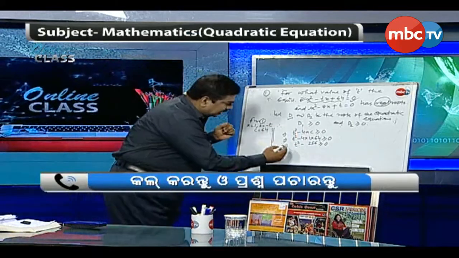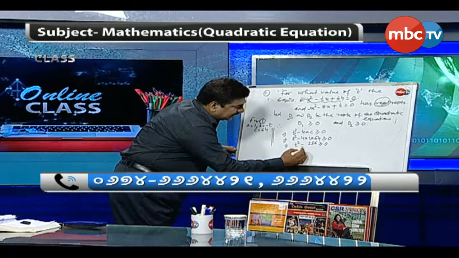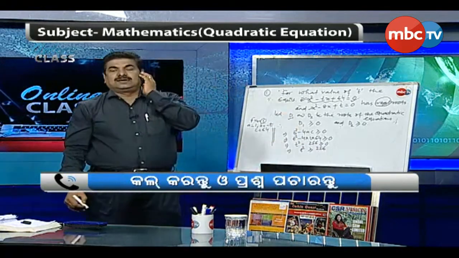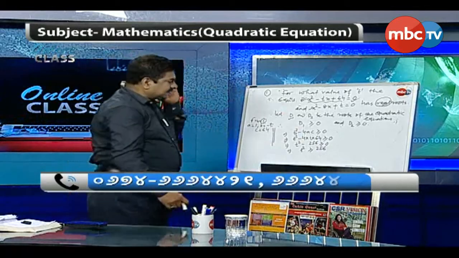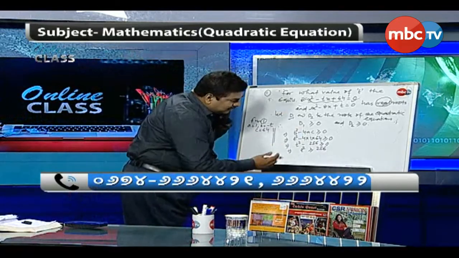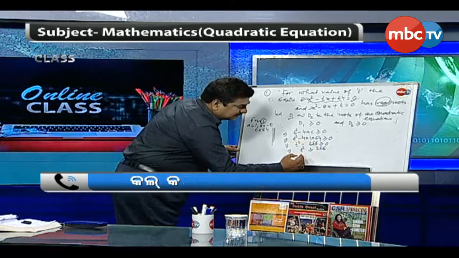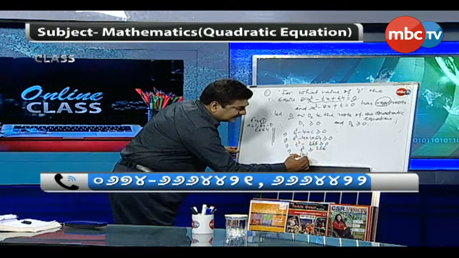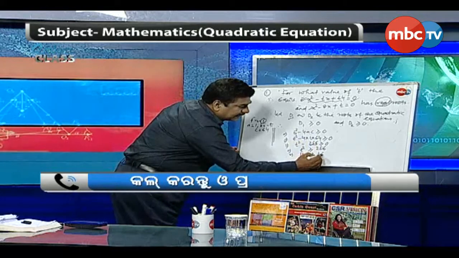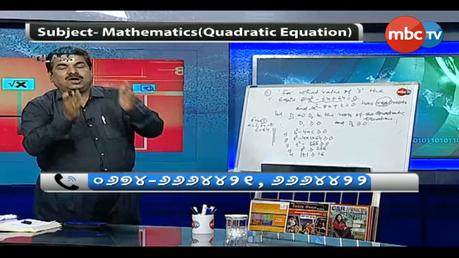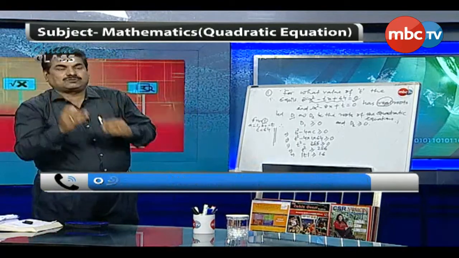Then here you see, t square is greater than or equal to 256, dear. Here you can write this as, this big value is equal to 256, so we can write mod t is greater than or equal to 16.